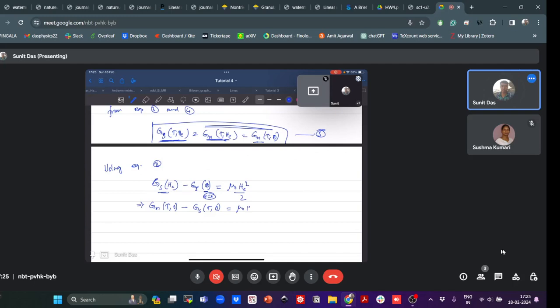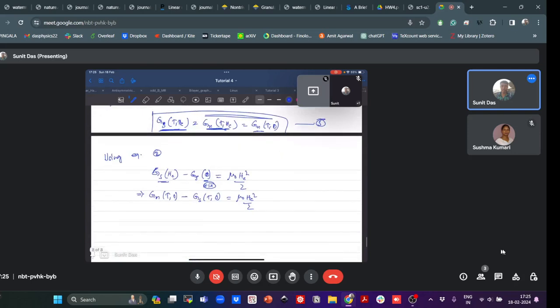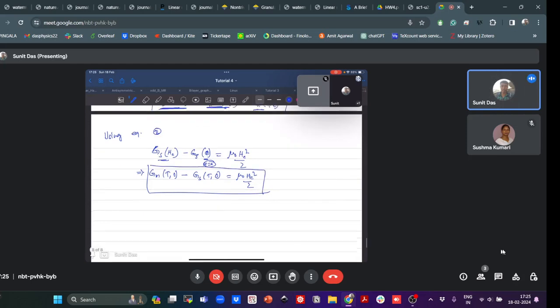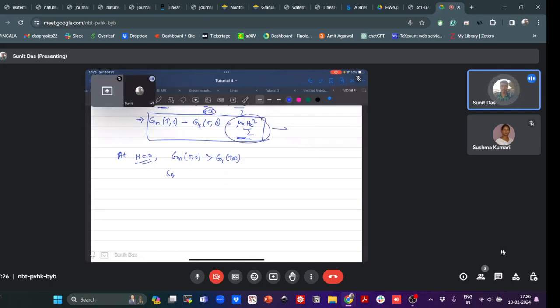This is the final equation. So this shows that even at H equal to 0, with no magnetic field, G_N(T, 0) is greater than G_S(T, 0), right? Because this term is always positive.